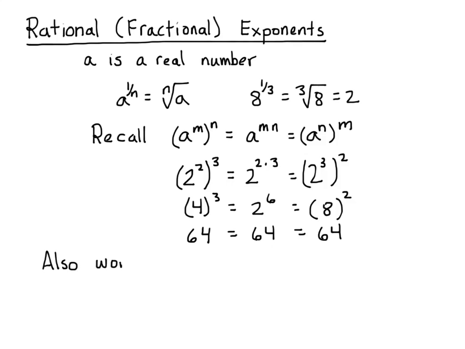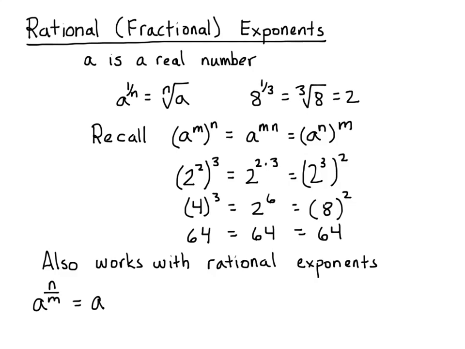Now with radicals, or with rational expressions, this also works as well. So if we have a to the n over m, like this, we can factor out the n, and then that a to the 1 over m is the mth root of a to the nth power.